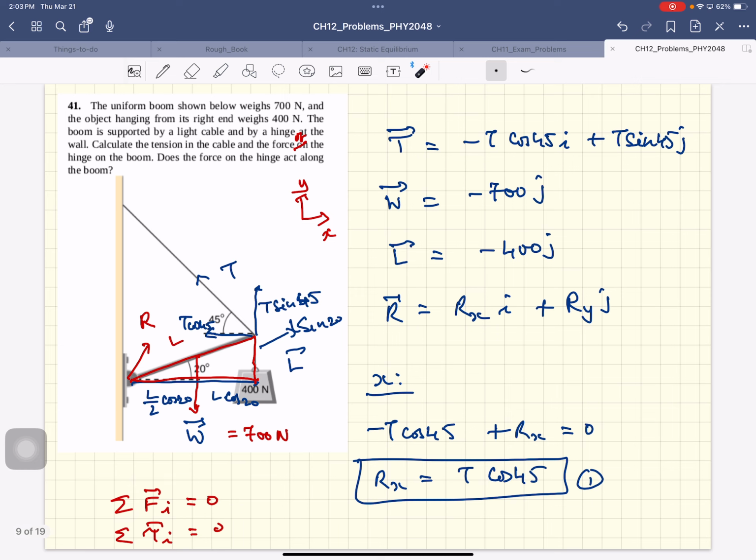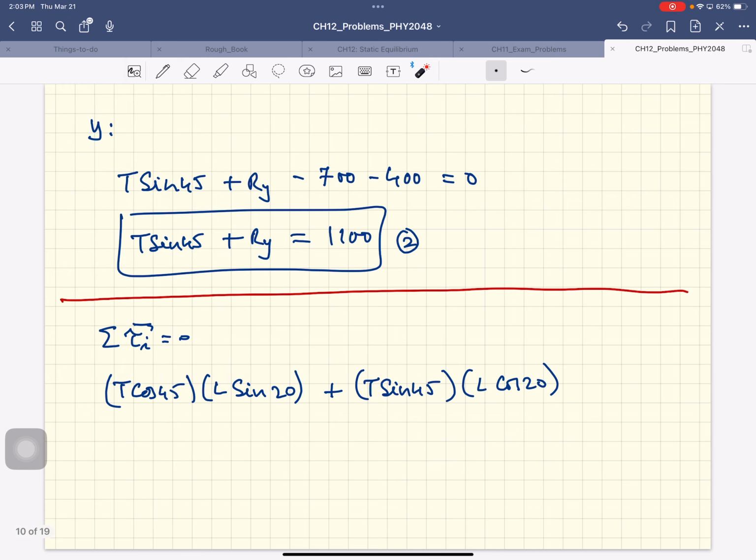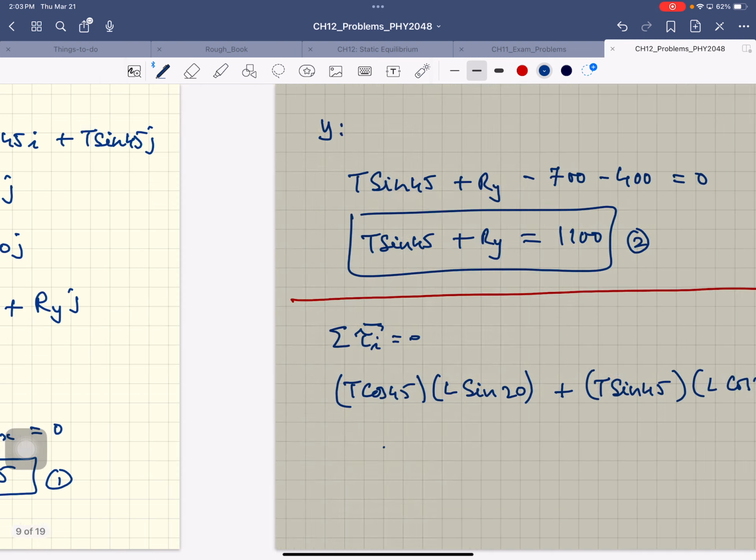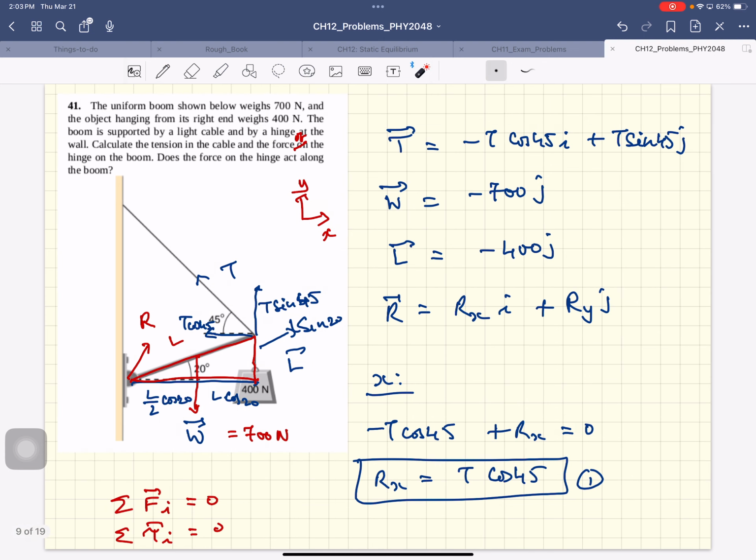Now we'll calculate the torque of this guy, the 400 newtons. The moment arm is that. Who's got it? 400 times L cosine 20, there's the moment arm.